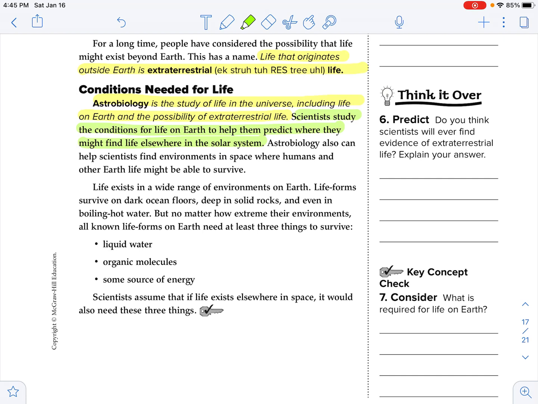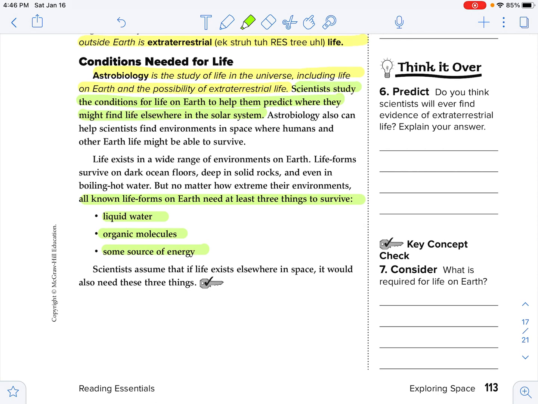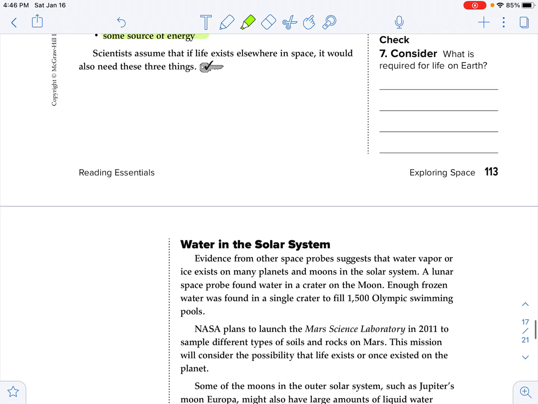So let's go ahead and highlight that. All life forms on Earth need at least 3 things to survive. We need to have liquid water, organic molecules, and some source of energy. Scientists assume that if life exists elsewhere in space, it would also need these 3 things.